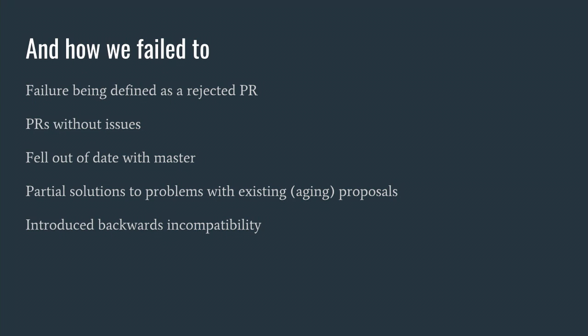Here's how we failed to do this. And the trends here are essentially we didn't document our process. We did not work on the head of master. We did not verify our changes associated with master. We provided sort of partial solutions to problems. And now I sort of get into areas where I don't necessarily think that failure was good or bad, but it probably could have been avoided if we had had more collaboration in terms of getting acceptance from the Bazel team, getting some involvement from them.